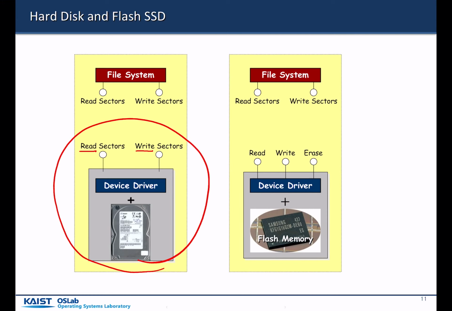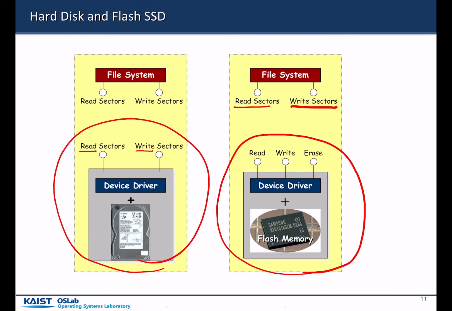The file system still uses read sectors or write sectors. However, in flash memory, there are three operations: read page, write page, and erase block. So there is a discrepancy between the existing hard disk drive and SSD.